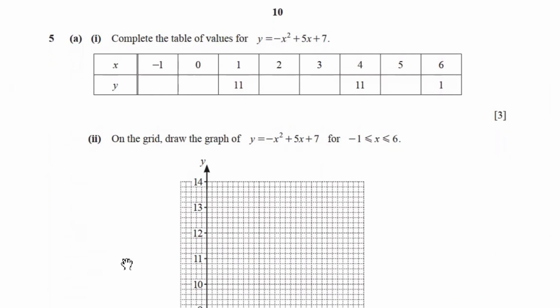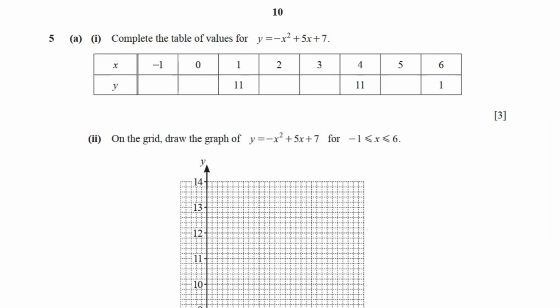Question 5 says complete the table of values for y equals negative x squared plus 5x plus 7. So all you have to do is substitute the given values of x in the equation and find the corresponding y values.